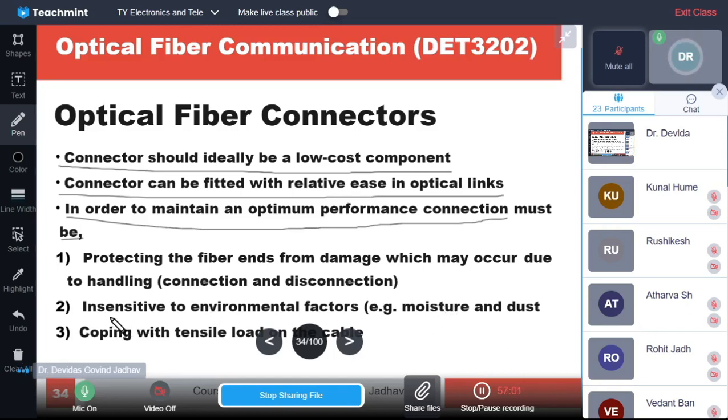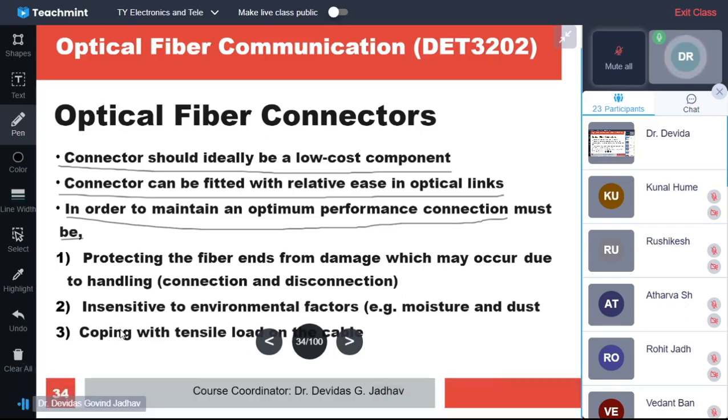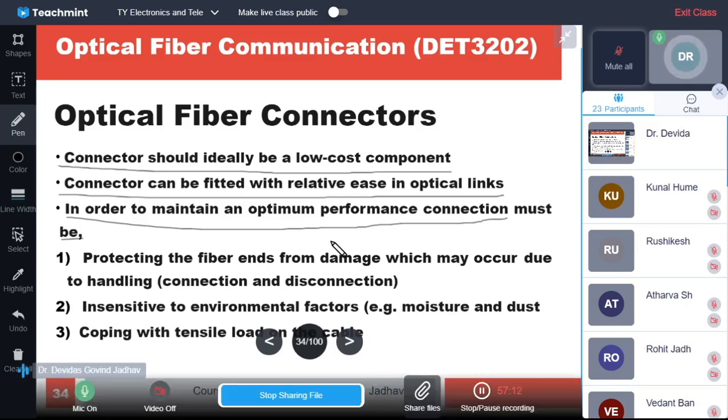It should be insensitive to environmental factors like moisture and dust, and cope with the tensile load in the fiber. So these criteria it should fulfill.